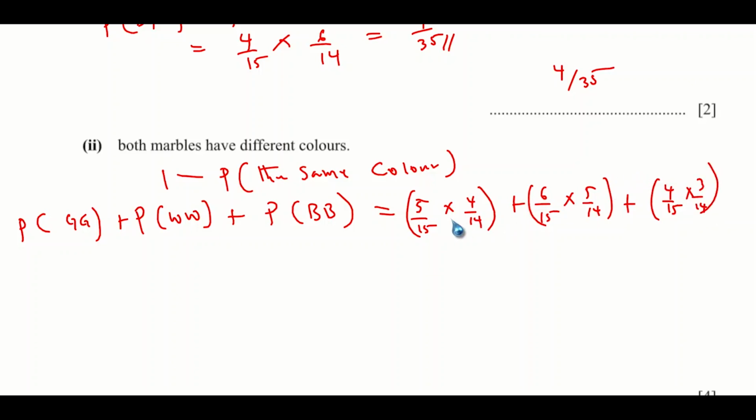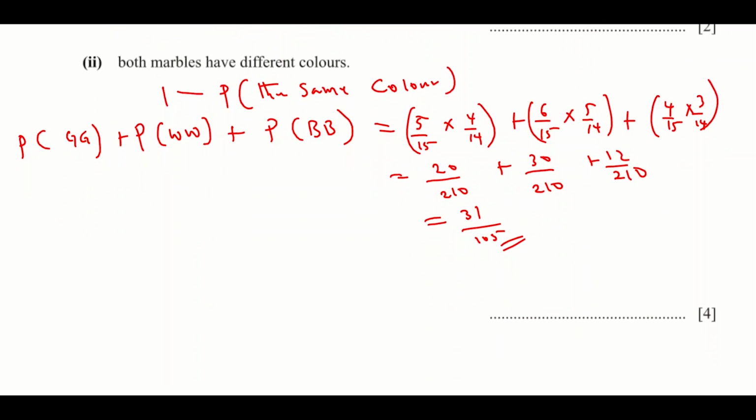So this will give you 20 over 15 times 14, that would be 210, plus 30 over 210, plus 12 over 210, and this will simplify to 31 over 105.